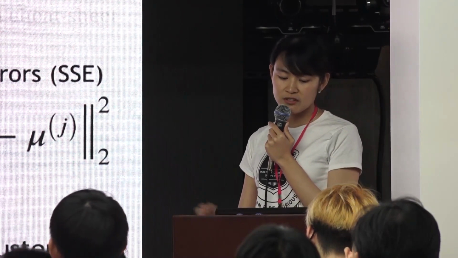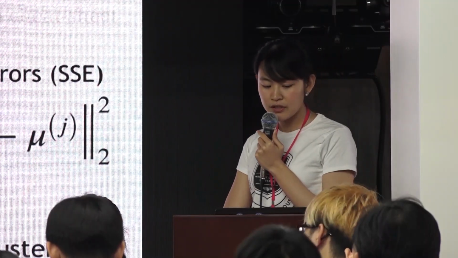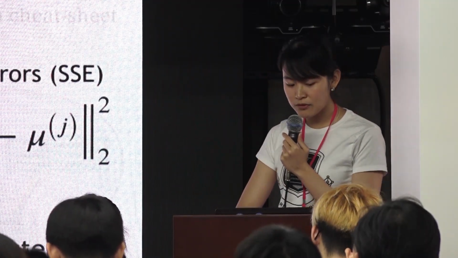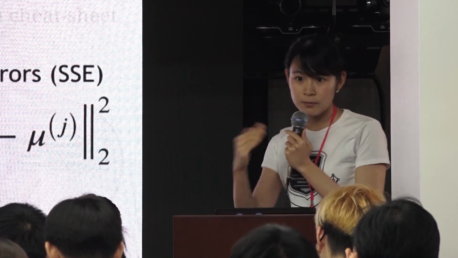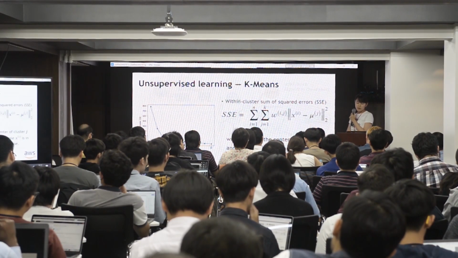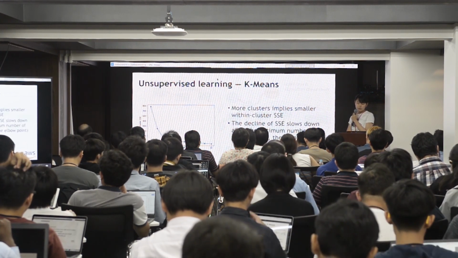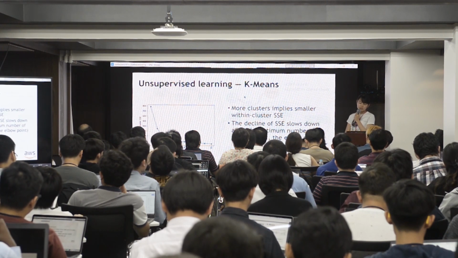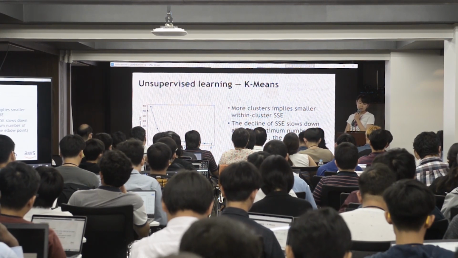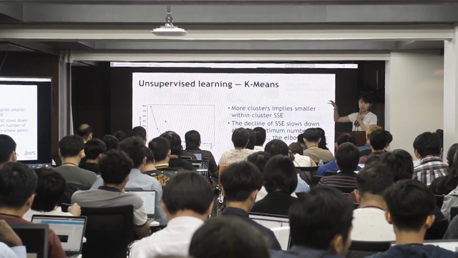A general practice is that you choose the point at the elbow, where you have the highest slope before it and a lower slope after it. Definitely more clusters imply a smaller SSE, because you're adding centroids and those points are close to them.